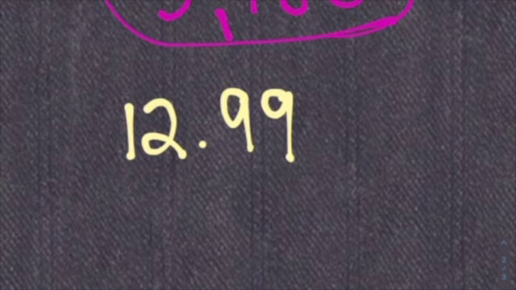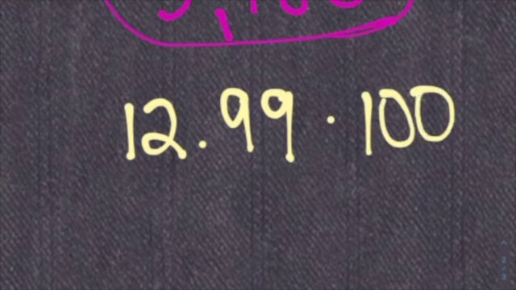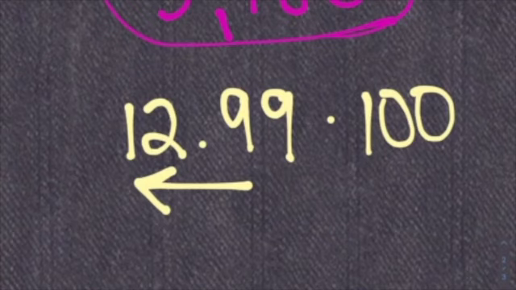So, next problem. What number is 100 times greater than 1299? So we want times 100. Here I want to move these numbers over to the left compared to the place value point.